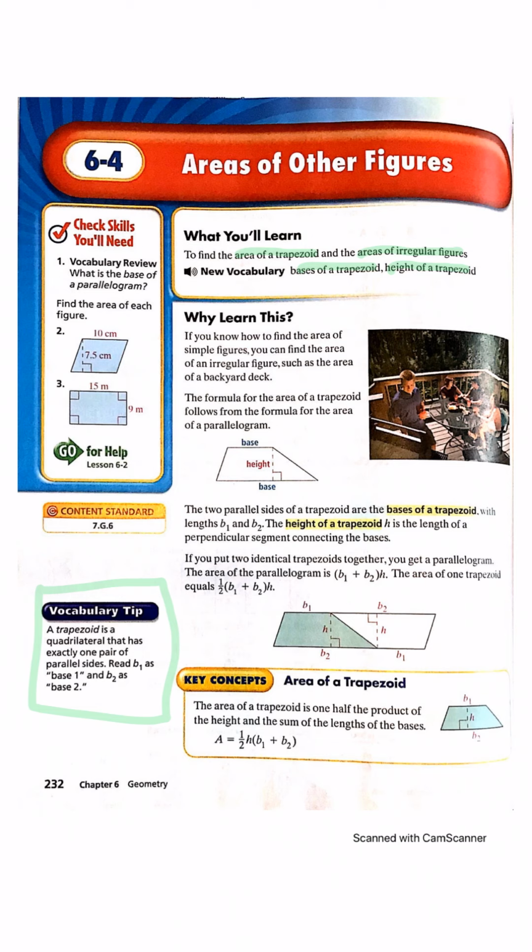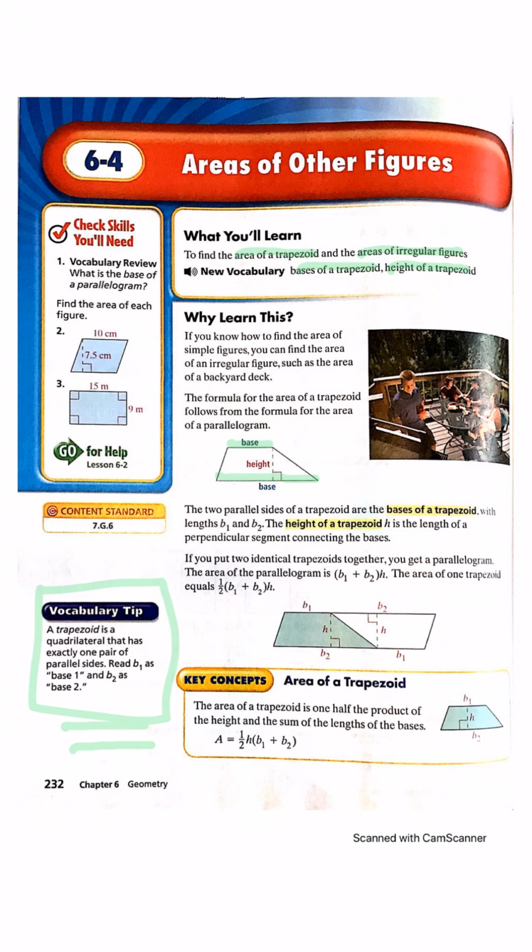Parallel, as we've talked about in the past, are 2 lines running side by side. They do not cross. They are parallel. Think of them as train tracks. So a trapezoid has one set of parallel sides. Here we have base 1 and base 2.